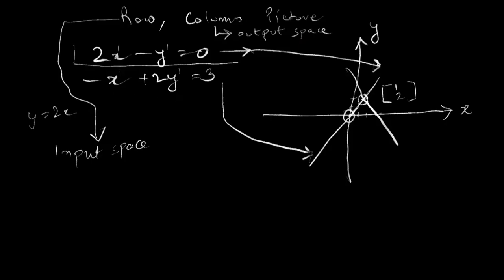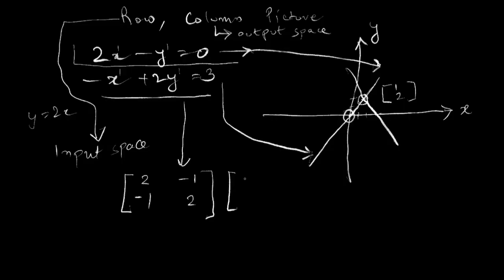Now we understand, we have to convert this into a matrix notation. So what is the matrix notation? The matrix notation is we just take the coefficients 2, minus 1, minus 1, 2, and this is our variable vector.